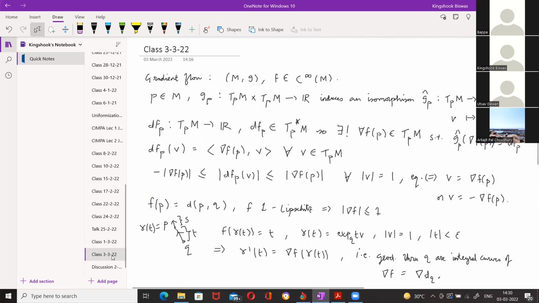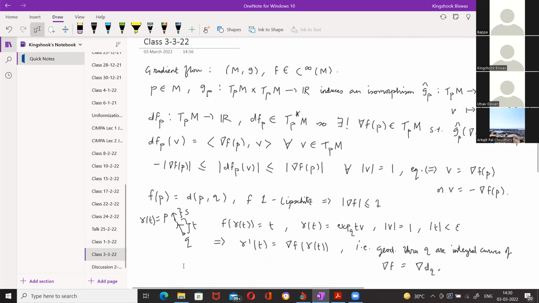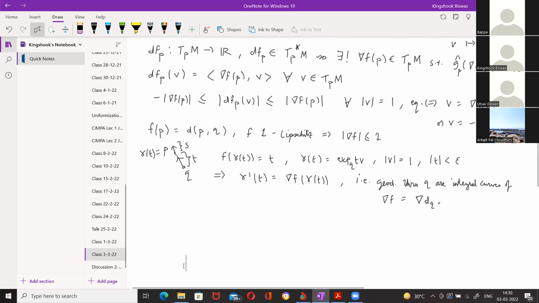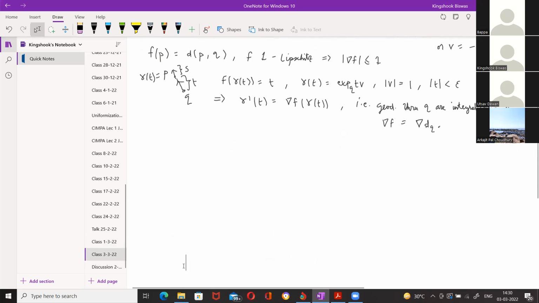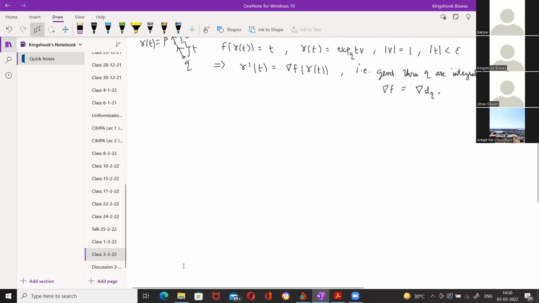Is it clear now what I meant by a discrete gradient flow? That's what we're doing basically. Any questions?